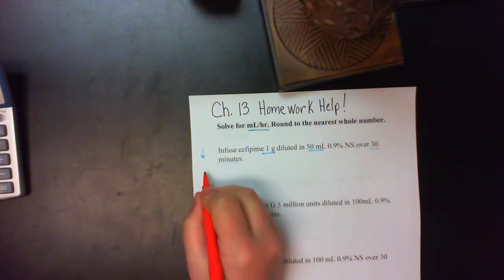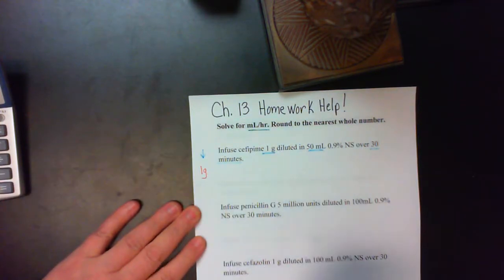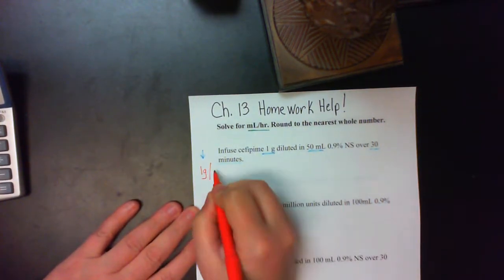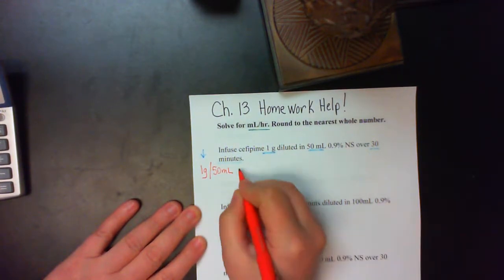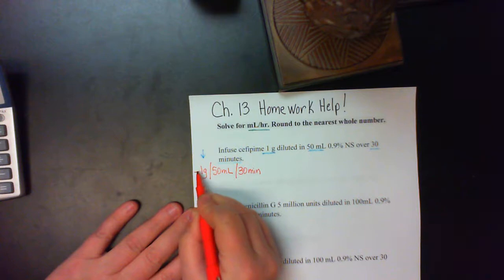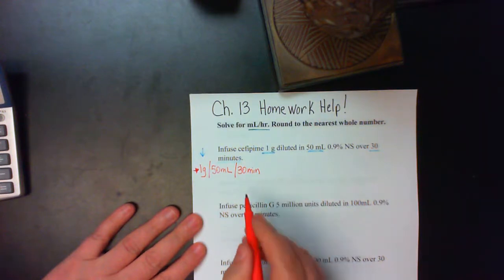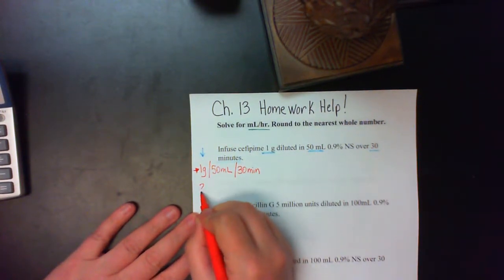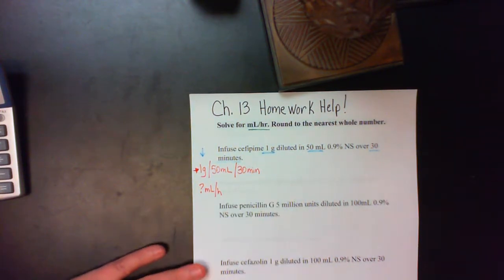So I'm going to write over here on the left side: 1 gram to be diluted into 50 milliliters, and that needs to be infused over 30 minutes. This is a sentence, and this is the information in that sentence. Here I'm solving for how many milliliters per hour.